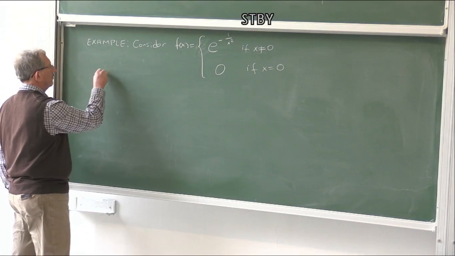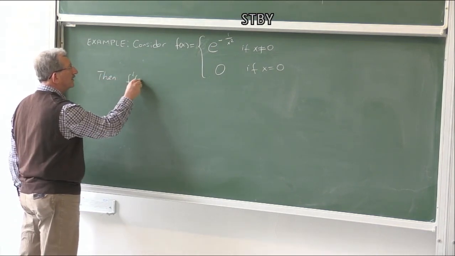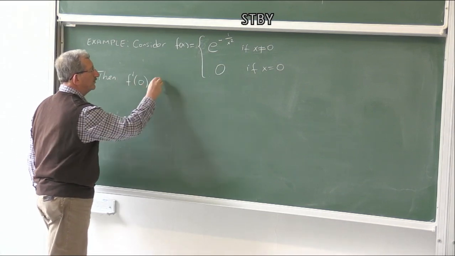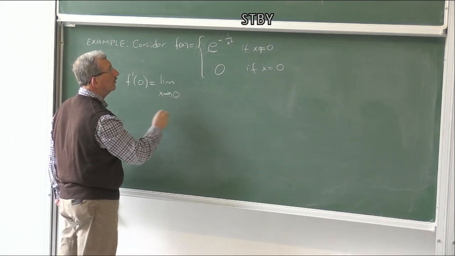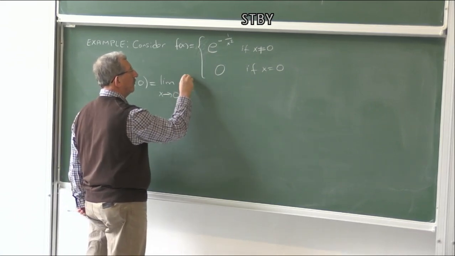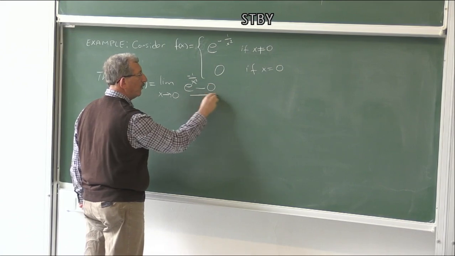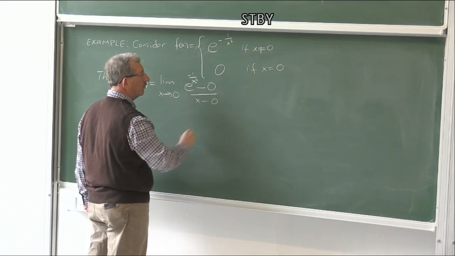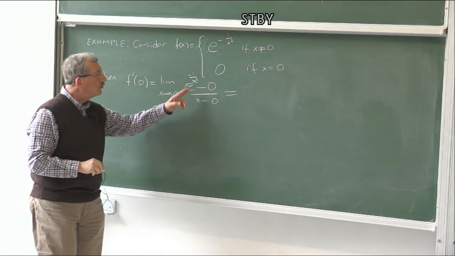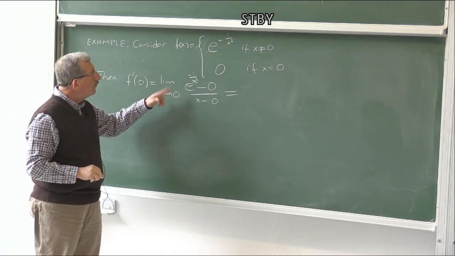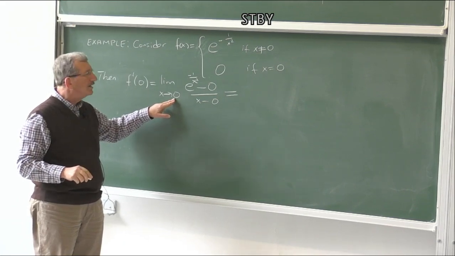Then if we consider the derivative at 0, that's the limit when x goes to 0 of e to the minus 1 over x squared minus 0 over x minus 0. Now, when x goes to 0, 1 over x may approach plus infinity or minus infinity.